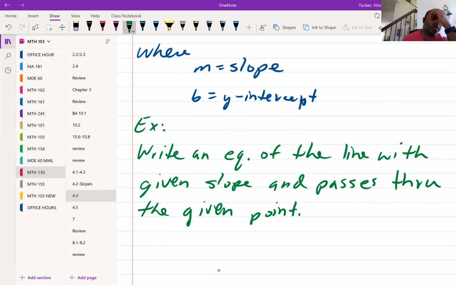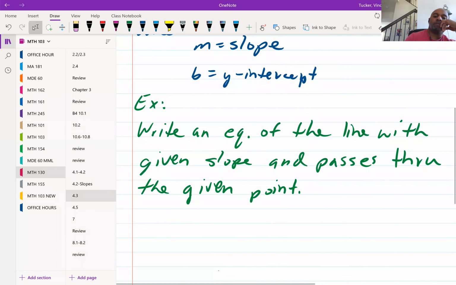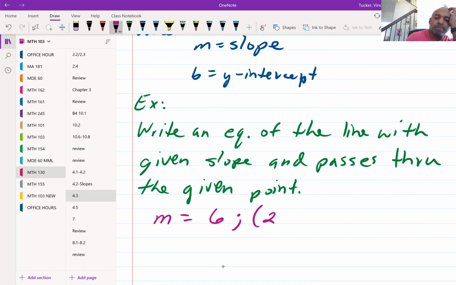So we want to write an equation of the line with the given slope that passes through the given point. I'll put a negative in there.